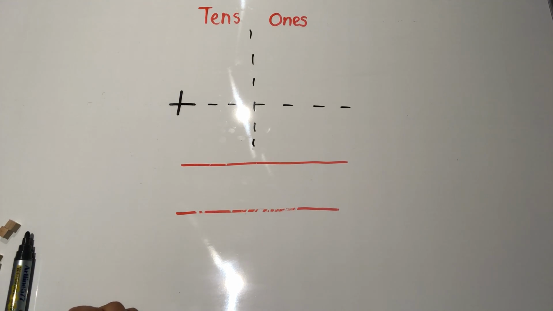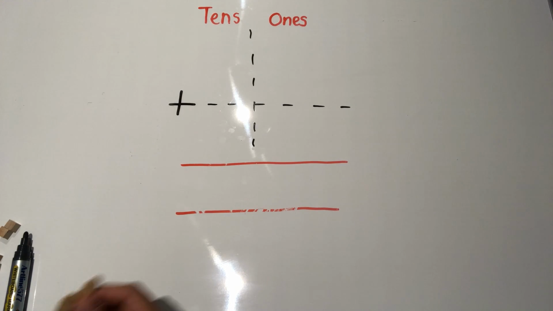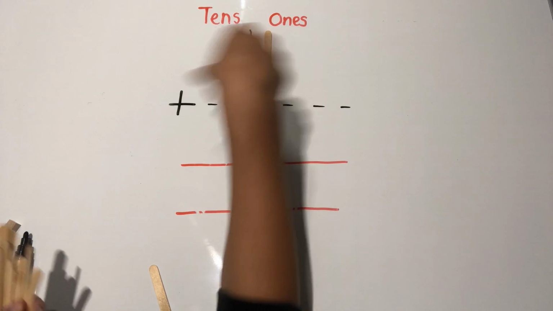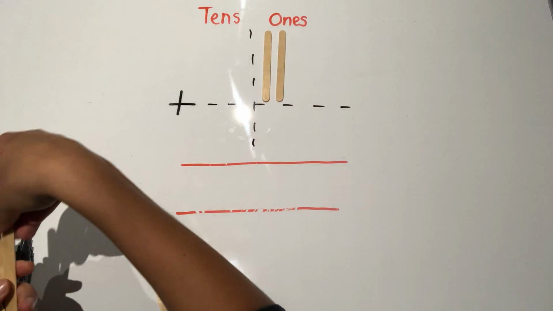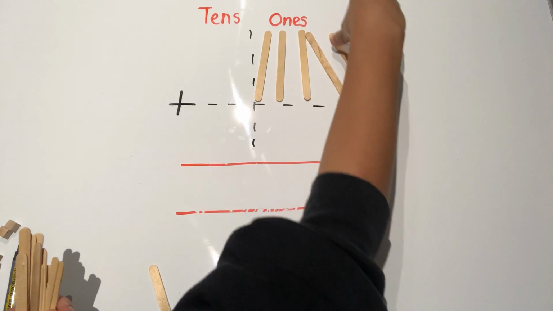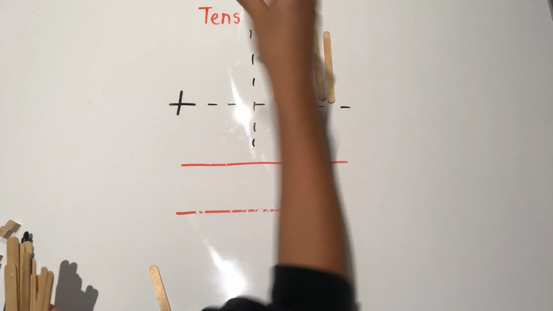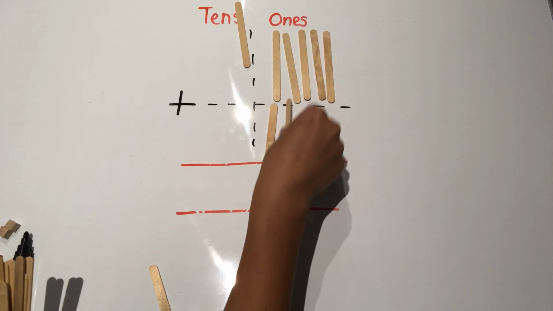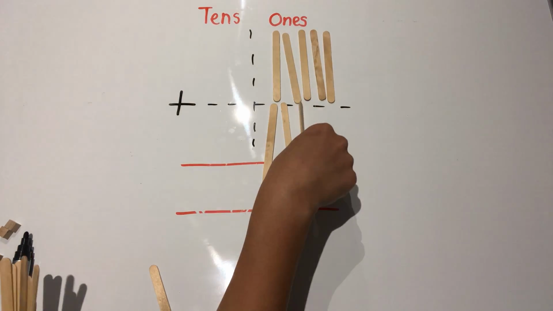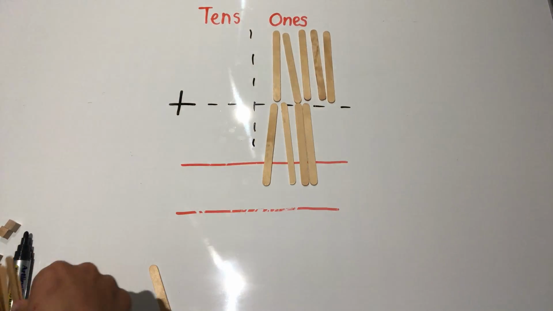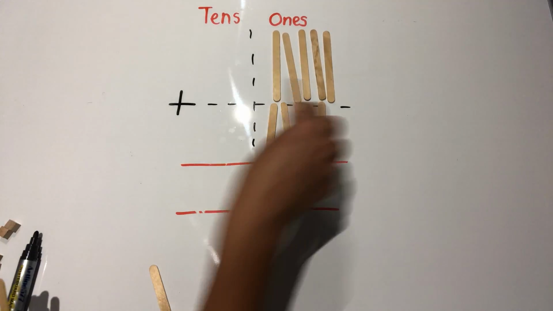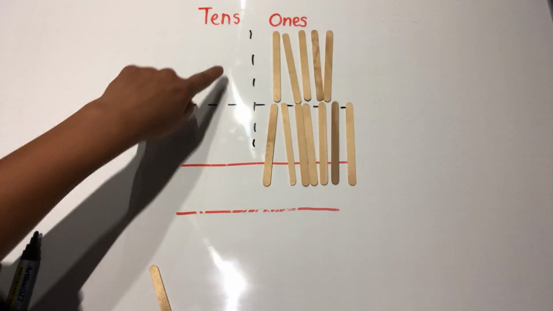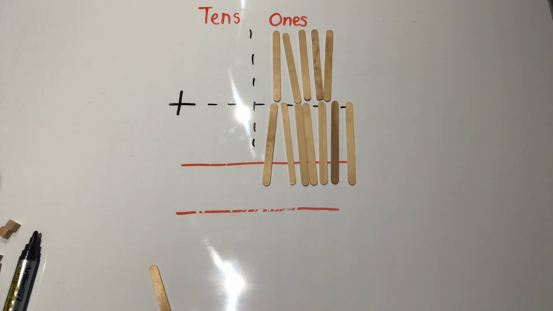So I'm going to use 1 paddle pop stick to still represent 1. So 1, 2. So I've got 5 ones there. And my top number is going to be 15.